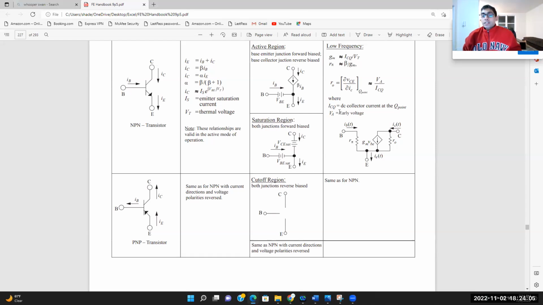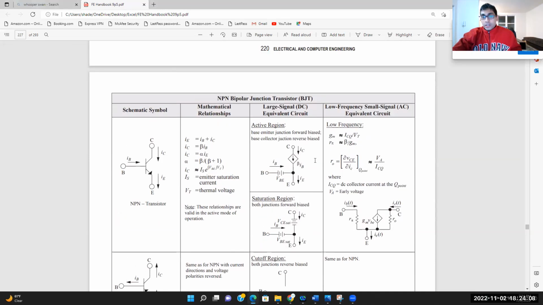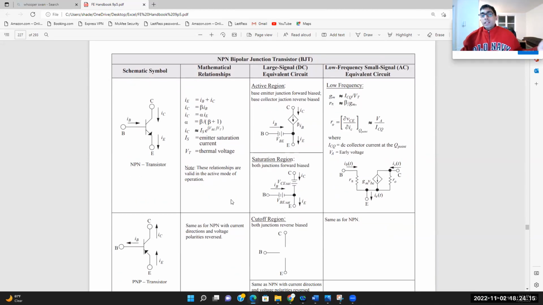Now, coming over to AC signal analysis. So this was the DC signal analysis, which we call the large signal DC circuit analysis. However, when you're working with AC signal analysis, the BJT, for an active region, you can represent it by, since I said it's a current amplification, you can multiply beta with IB, the input current, and you would be able to represent it like this.